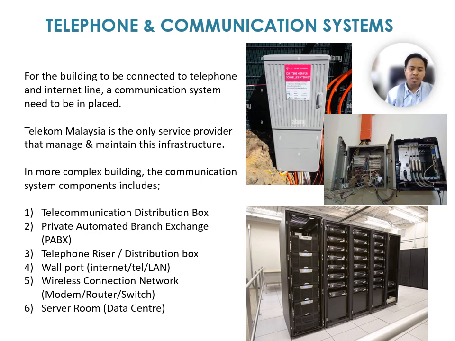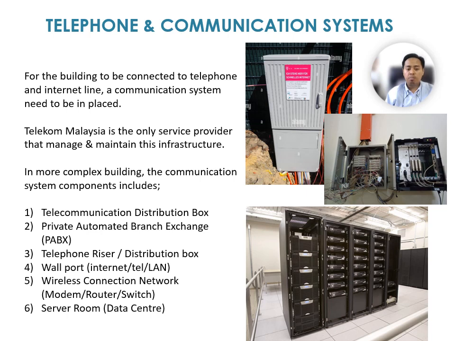Let's move on to the telephone and communication system. For the building to be connected to a telephone and internet line, a communication system needs to be in place. Telecom Malaysia is the only service provider that manages and maintains this infrastructure. In more complex buildings, the communication system components include 1. Telecommunication distribution box, 2.